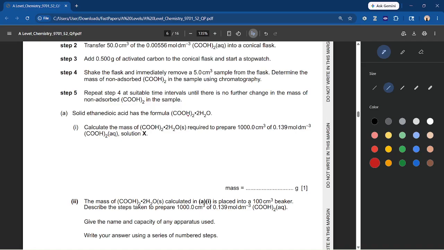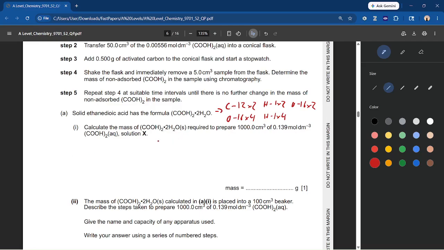So let's calculate the MR of this. So C is 12 times 2. For oxygen, this will be 16 times 4. And for hydrogen, this will be 1 times 2. And then we have additional: 1 times 4, and 2 more oxygens, which is 16 times 2.